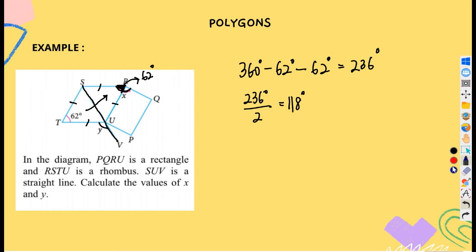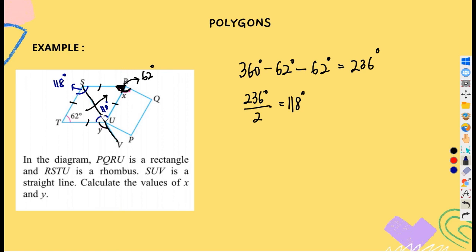So this angle here is actually 118. This one here is 118. This one is also the same, 118. Now we need to find X and Y. We know this one is 118.